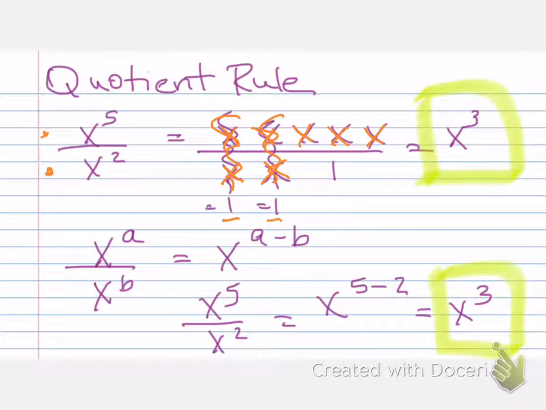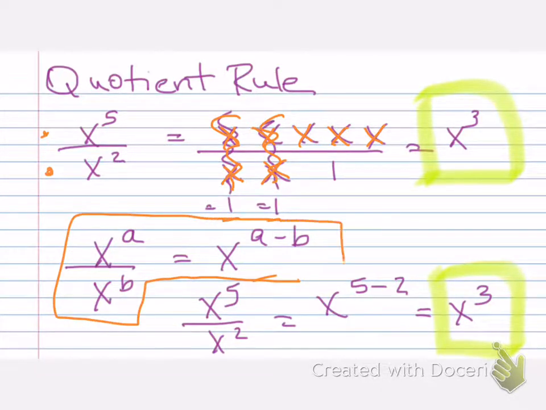I know that I still have 3 x's in my numerator, so I end up with x cubed. What I find is that x to the a over x to the b, I can just subtract my exponents. If I have x to the 5th over x squared, that's x to the 5 minus 2, which is x cubed. And see how these are the exact same.